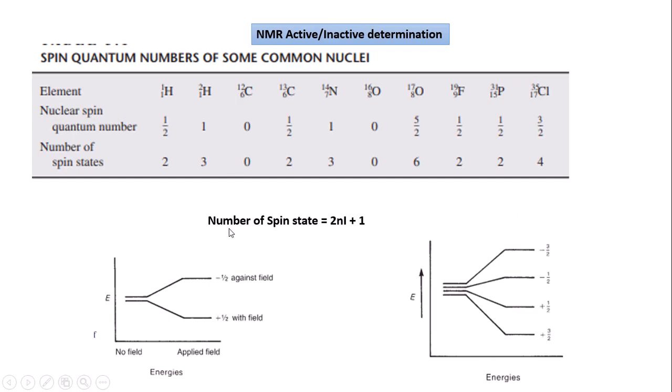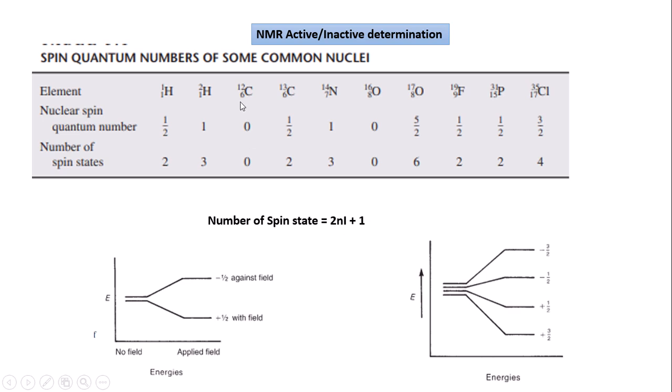Now, go to NMR active or inactive nucleus determination. Which one is NMR active and which one is NMR inactive? If we see the number of spin states formula, 2I plus 1, when I equals 0, the number of spin states equals 1, so we get only one state, or no signal.